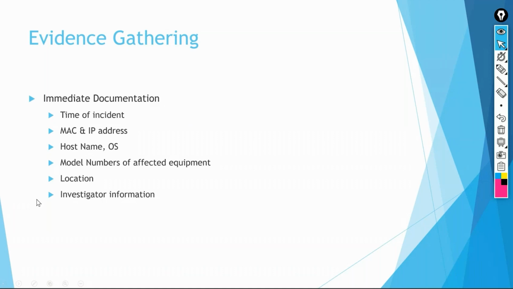All these things have to be properly documented if that evidence must be submitted in court. So: time of incident, IP, host name, operating system, usernames, model numbers of the affected component, location, and the investigator details. That is also a critical element to identify the incident.